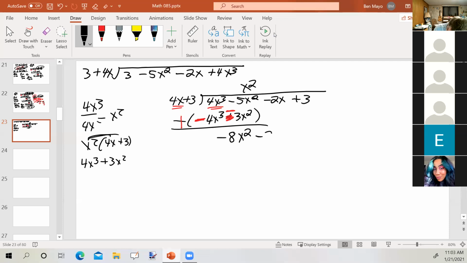Bring down the next term, minus 2x, and continue this process. Leading term inside divided by leading term outside. Negative 8x squared divided by 4x is minus 2x.